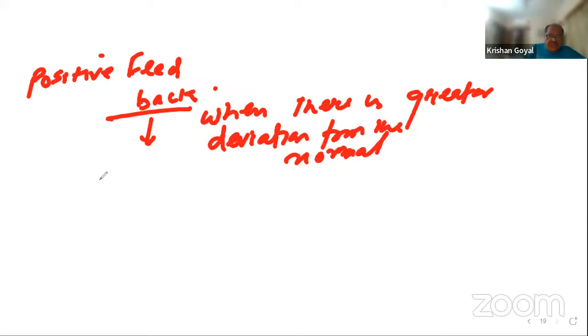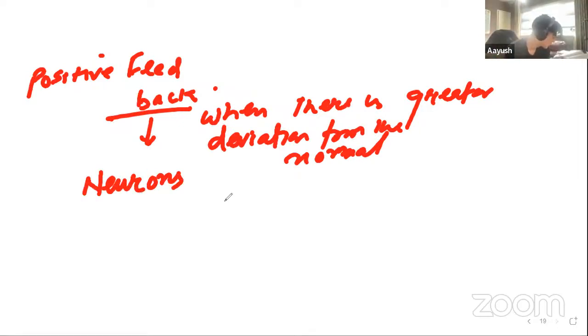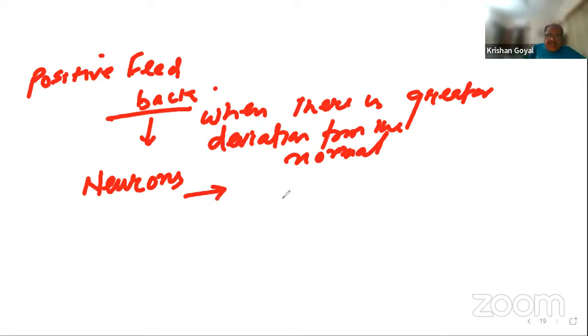Now suppose there are neurons. Suppose there is a small influx of sodium, the sodium level increases.